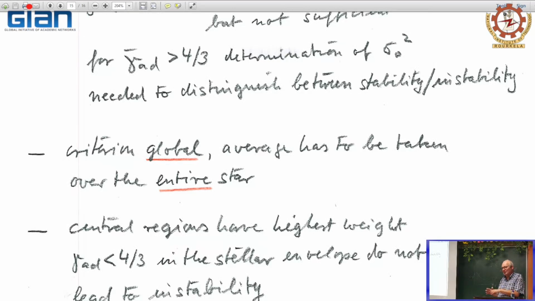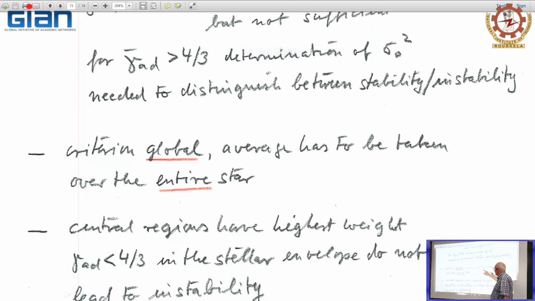I have to consider also those parts of the star where gamma adiabatic might be above 4/3, and due to the weight function being the pressure, these might dominate the ionization zone. So the criterion is a global criterion, and the integration has to be taken over the entire star.